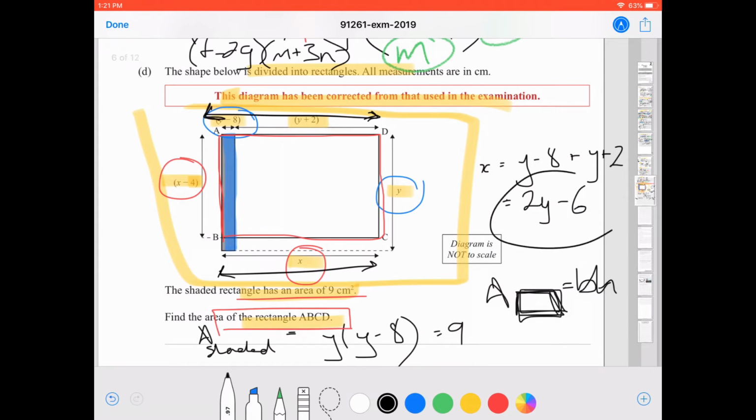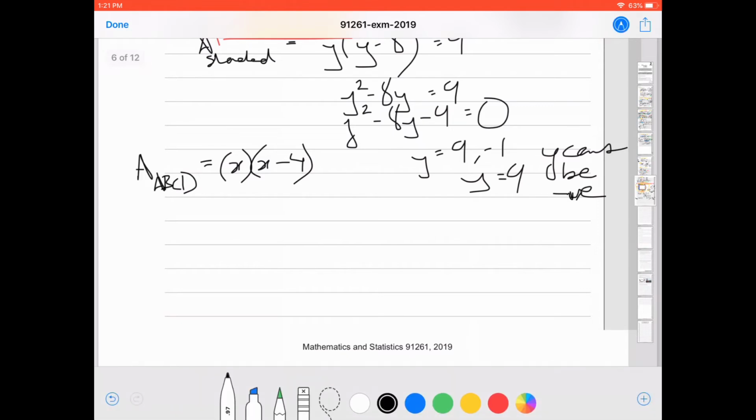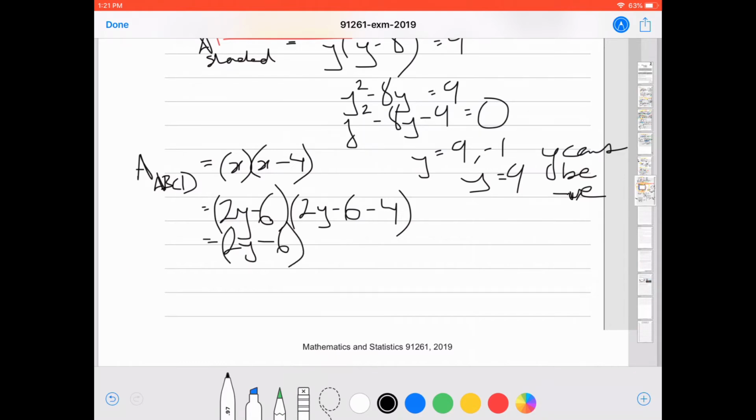And let's bring that back down into our equation. So x equals 2y minus 6. So we can say 2y minus 6, and then we've got 2y minus 6 minus 4. And so simplifying this, we've got 2y minus 6 times 2y minus 10. And so we could expand this.